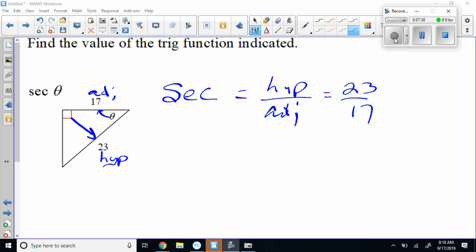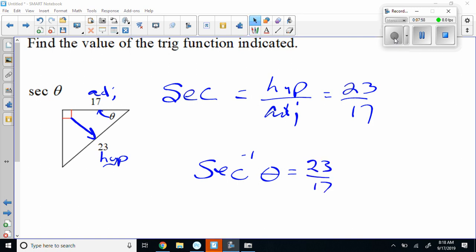We could find out what the angle is if you do that in the calculator.